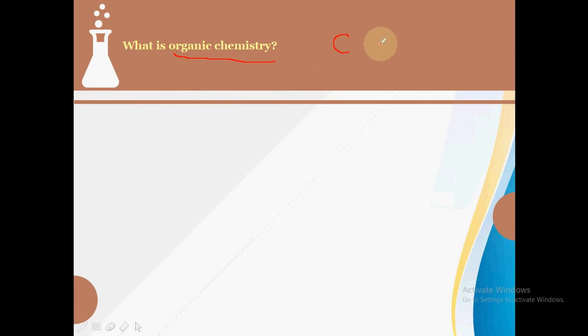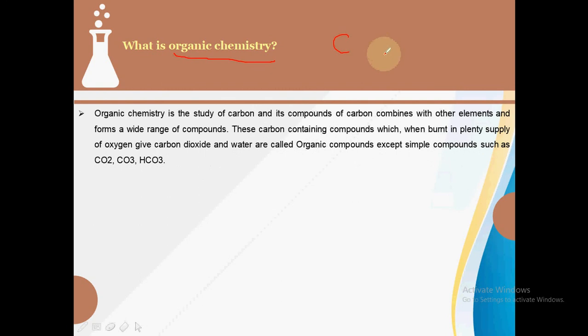This means that carbon combines with other elements or atoms of different elements to form a wide range of compounds, such as CH4, which looks like methane, and C2H6, which is ethane.